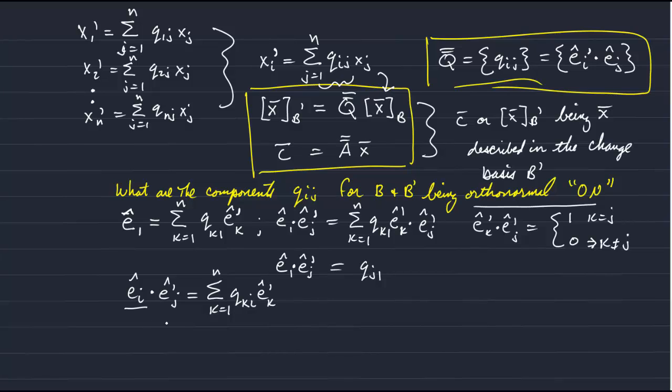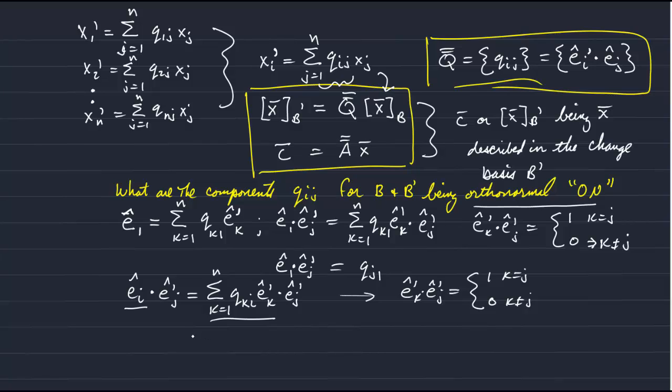So this is each base vector as a linear combination of the base vectors for the primed system, and then we're dotting it with Ej hat prime, and again E hat k dotted with E hat prime j is equal to 1 only when k is equal to j, and 0 when k is not equal to j, again because they're orthogonal vectors and they have unit length.